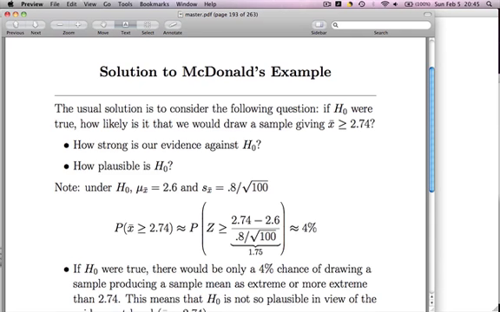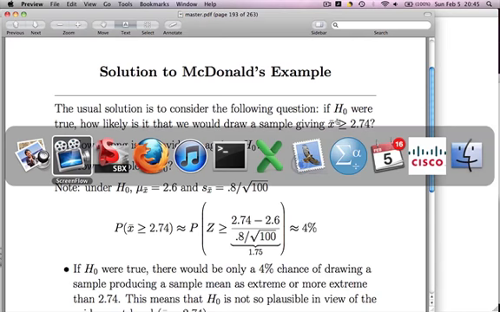So the usual solution to this is as follows. We're going to start by, statisticians call it conditioning on the null. So we're going to say, assume that H0 is true. So assume that the true mean is 2.6. Why don't we just go draw that for a second. Here is the distribution of x bar.